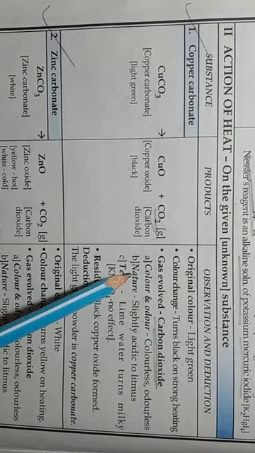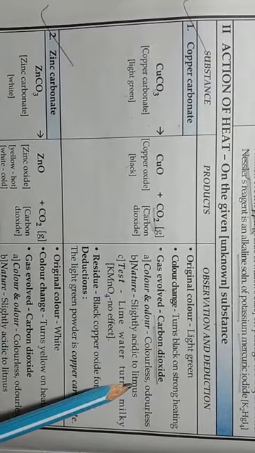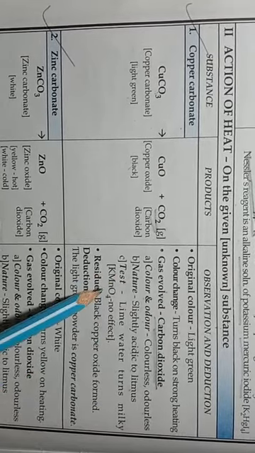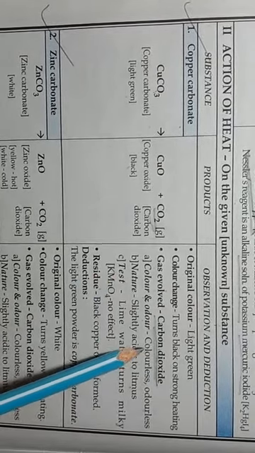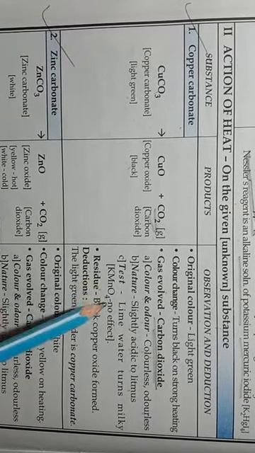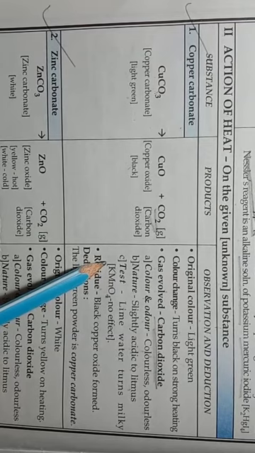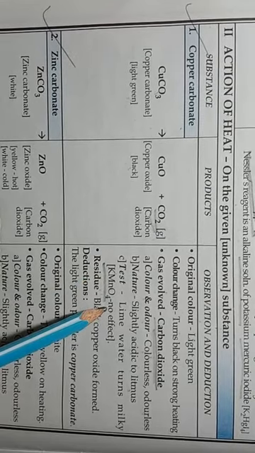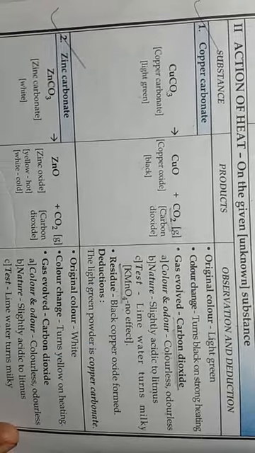Its nature is slightly acidic to litmus. Test: lime water turns milky. These are the tests for CO2 gas, carbon dioxide gas. And we also know that CO2 does not affect KMnO4 solution. So for KMnO4 there will be no effect of CO2.